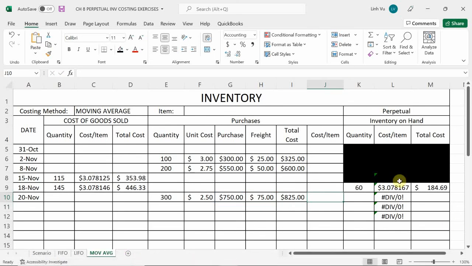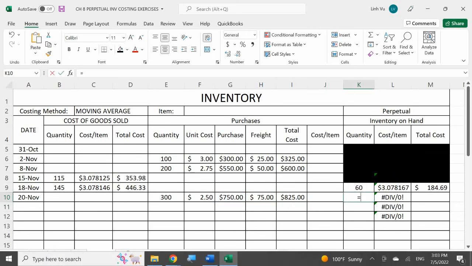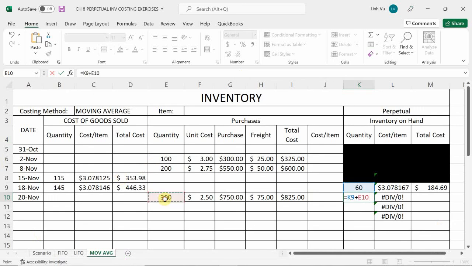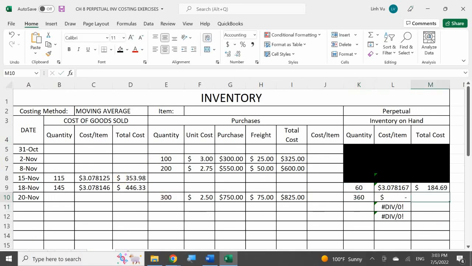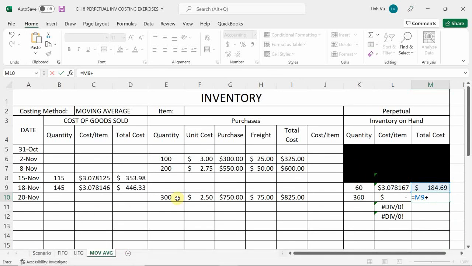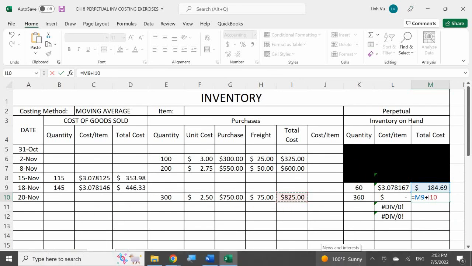Again, I need to add up my total quantities and my total cost. 60 plus 300 is 360. 184.69 plus 825 is 1,009.69, which gives me an average cost per item of $2.84694.